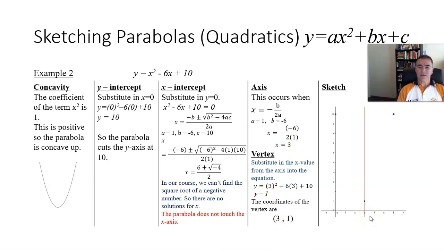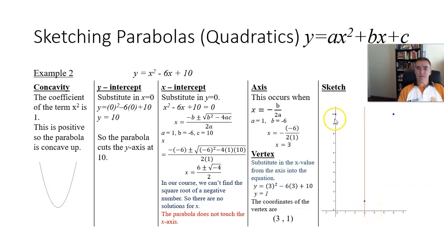Okay, so let's start to do our sketch. I've already put some important points on there, our y-intercept and the coordinates of our vertex. Now you'll notice, because I've already got my axis of symmetry drawn in there and the parabola is symmetrical, I can reflect this point over here and make it easier for my sketch because I don't have any x-intercepts.